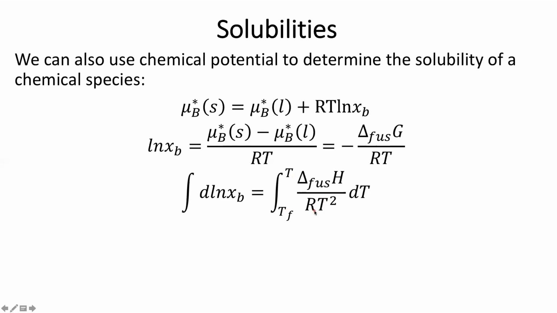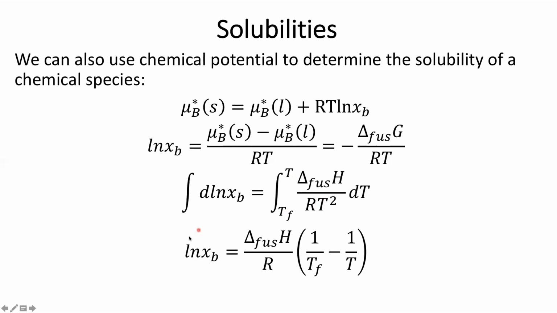So when I do this, what we're going to end up finding is that the natural log of the mole fraction of my saturated solute is going to be equal to the enthalpy of fusion over R times essentially the difference of 1 over my freezing point minus 1 over the temperature at which I'm going to be looking.